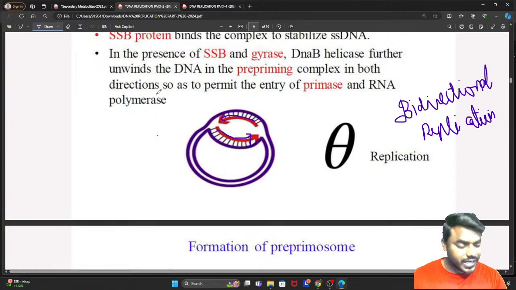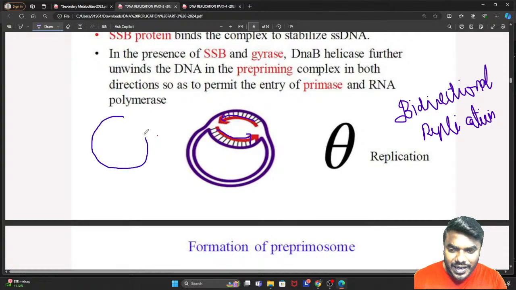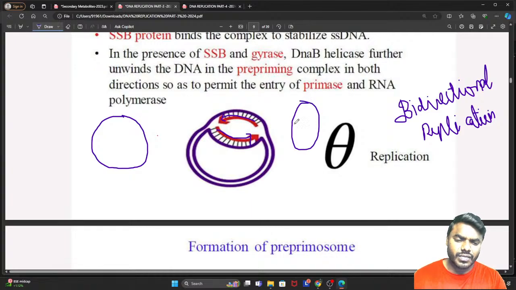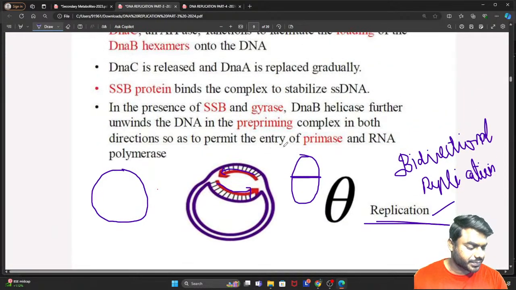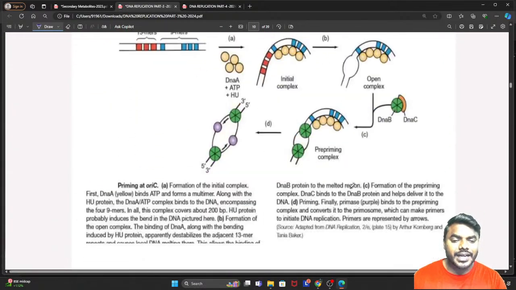And we also studied very clearly that in the circular DNA of E. coli, whenever bidirectional replication is happening, the DNA of E. coli looks like the Greek letter theta. That is the reason we call it theta replication.